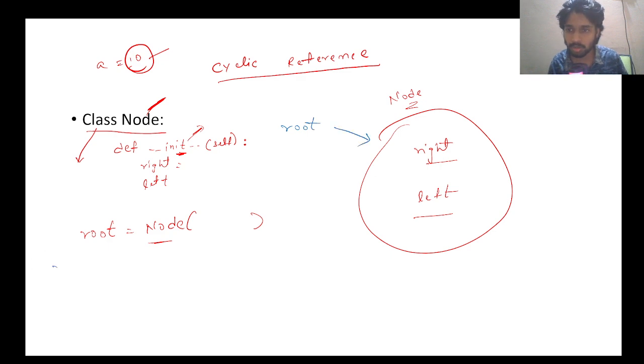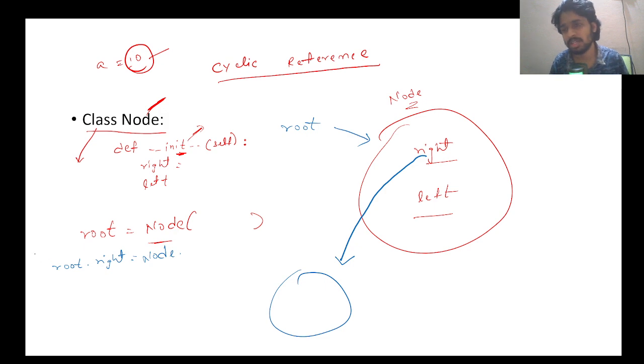Next, root dot right, I'm going to create another object here. Please try to understand this carefully. Now this right is being pointed to another object, let's name it left.